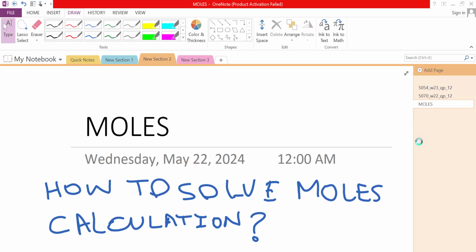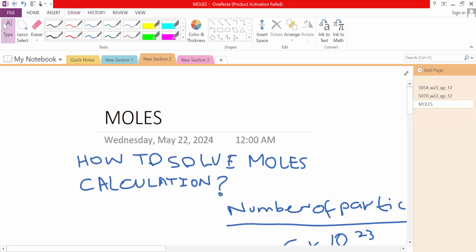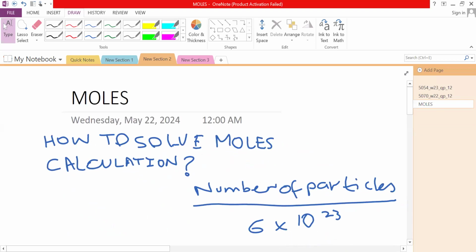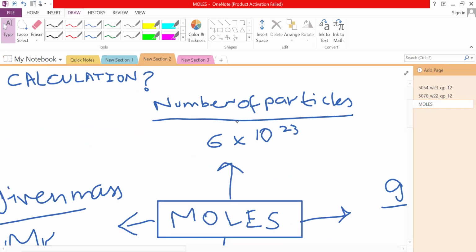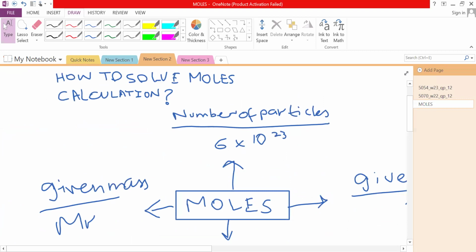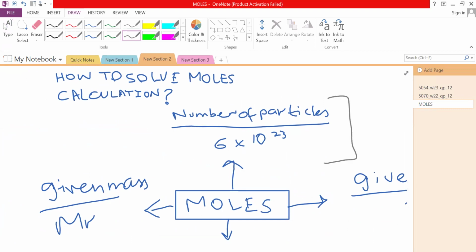There are four formulas to solve moles calculation. Let's have a look at the first formula. Moles equals number of particles divided by 6 into 10 power 23. What is the 6 into 10 power 23? This is Avogadro's number and it is a fixed number.